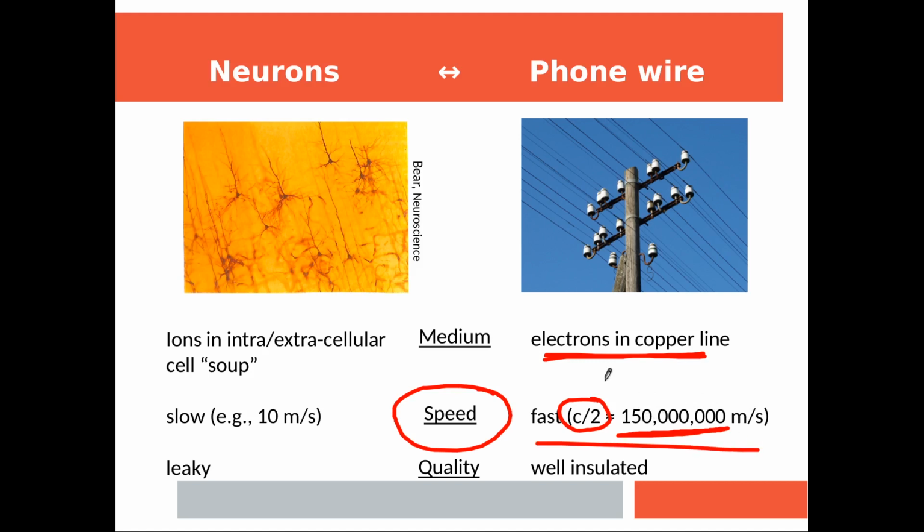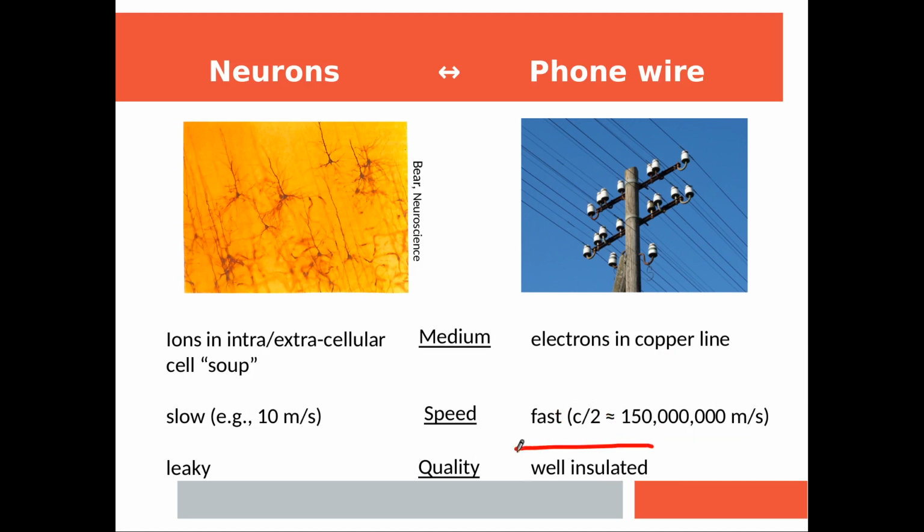So very fast. And it's pretty well insulated. It looks black because sometimes we'll have rubber around the wire. But even if we don't, the outside of the wire will actually insulate the center of the wire, in which the transmission will be happening the most.